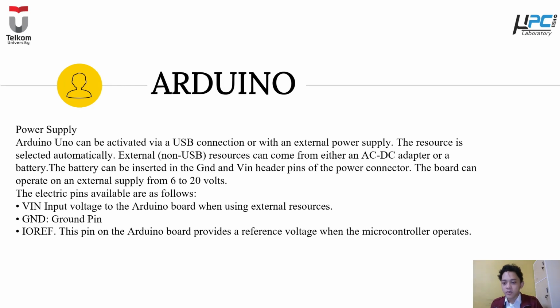The board can operate on an external supply from 6 to 20 volts. The power pins available are as follows: Vin is the input voltage to the Arduino board when using external sources. GND is the ground pin, and IOREF is the pin of the Arduino board that provides a reference voltage when the microcontroller operates.